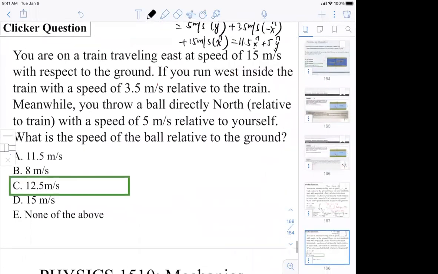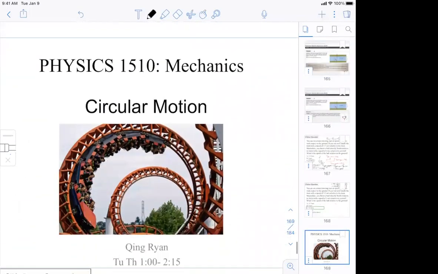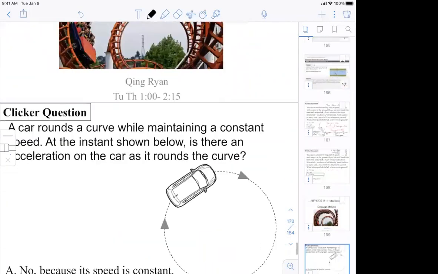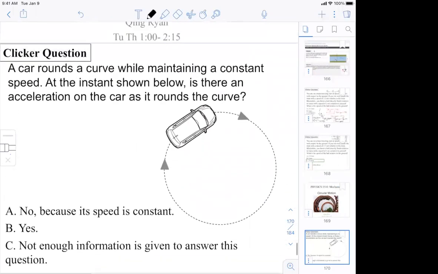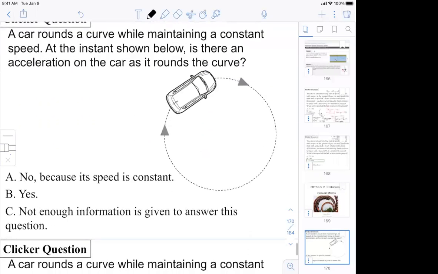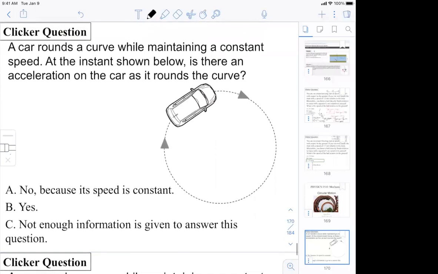Okay, so I want to touch upon circular motion, and we'll finish our discussion next time. Now, this one I'm not going to vote on, but simply going to ask for your input. If you have a car driving around at a constant speed in a circle, do you think there is an acceleration on the car?